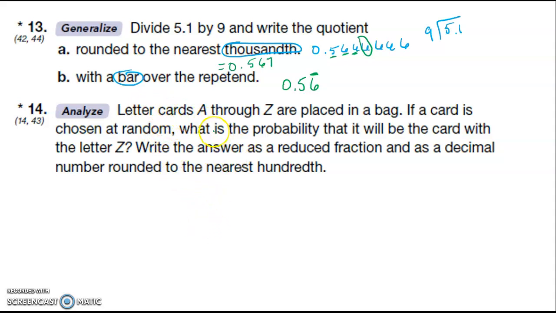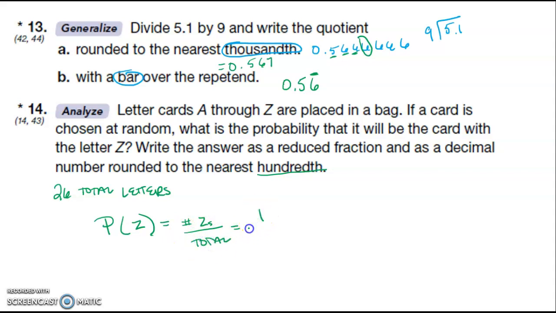Number 14. Letter cards A through Z are placed in a bag. If a card is chosen at random, what is the probability that the card will be a letter Z? Write the answer as a reduced fraction and as a decimal number rounded to the nearest hundredth. Okay, so there are 26 total letters in the English alphabet. So the probability of choosing a Z is going to be the number of Z's that we have over the total.